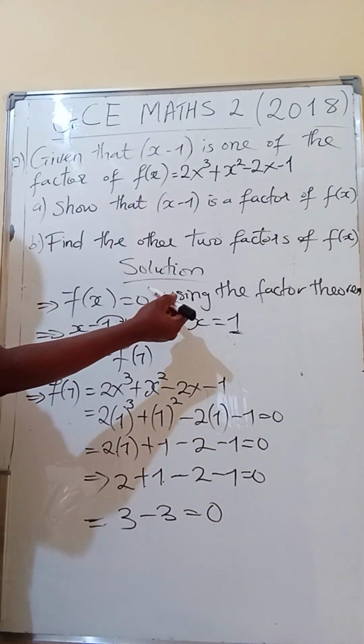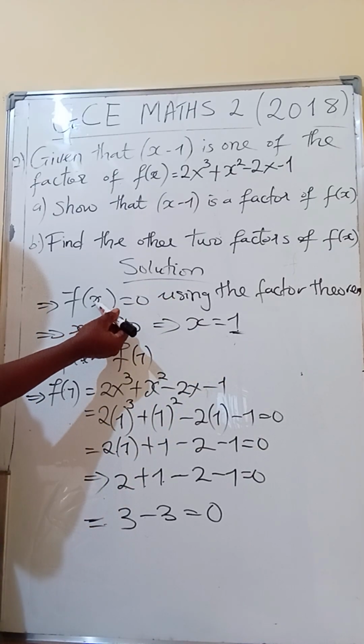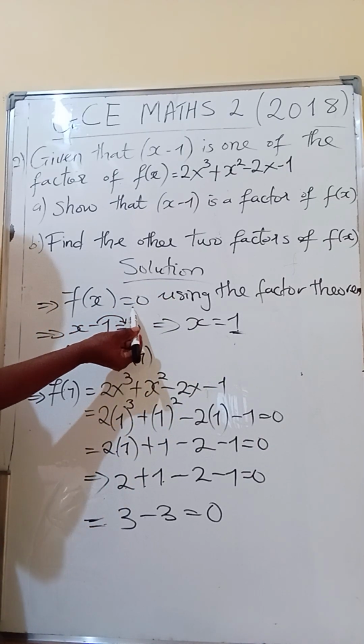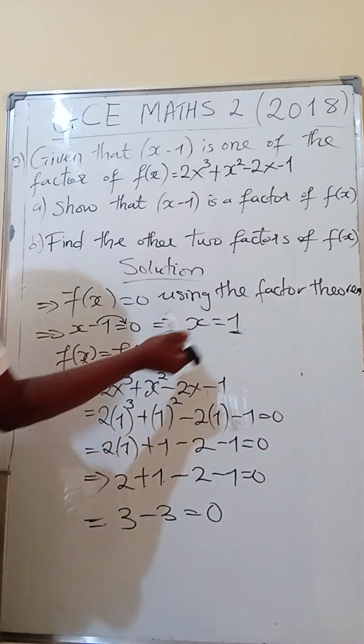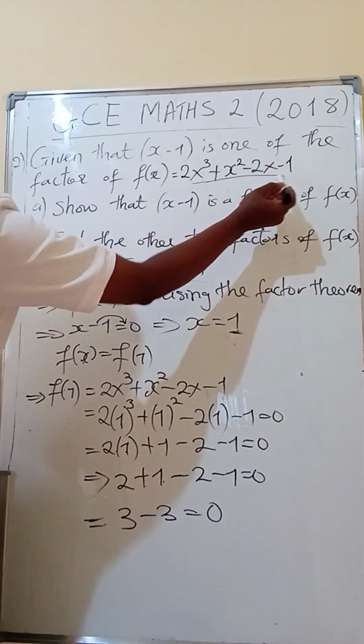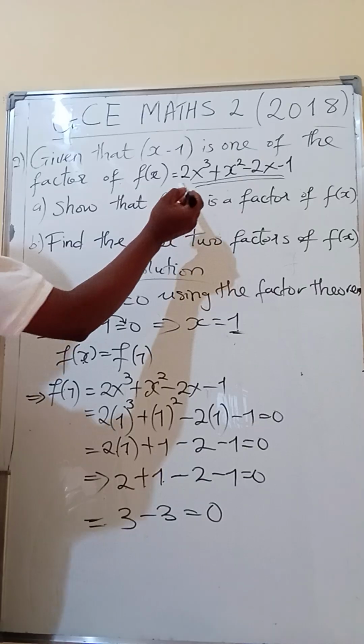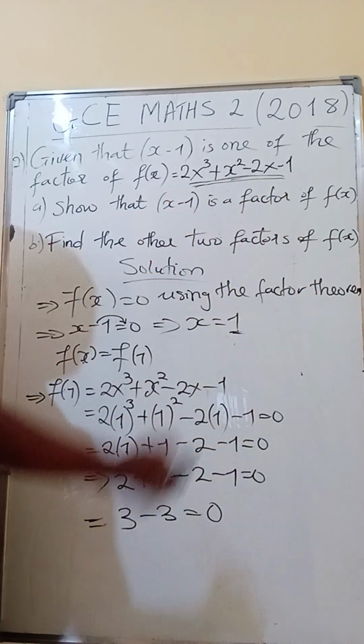It brings us back to how we started. We said f of x needs to be equal to 0 for it to be a factor of this polynomial equation.